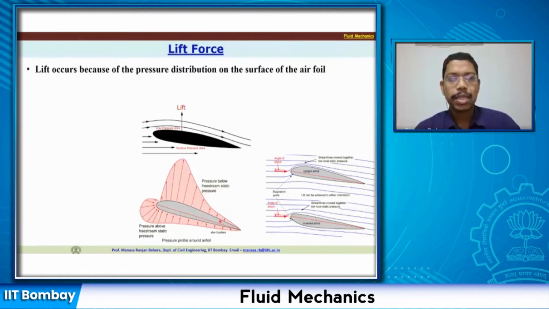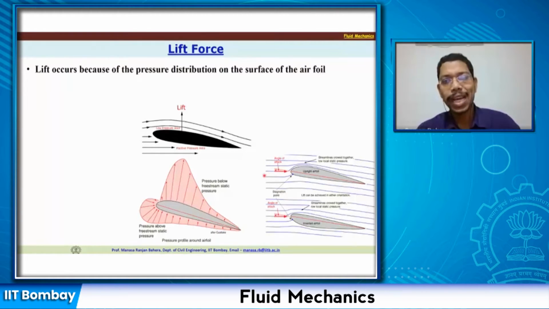So in this, we saw that if the symmetric body is held parallel, then obviously there is no lift because the flow pattern is going to be the same on both sides and the net force is going to be zero because the pressure variation is not going to be there. So the net force is zero. But if we hold this object or airfoil at an angle, then there is going to be a force.